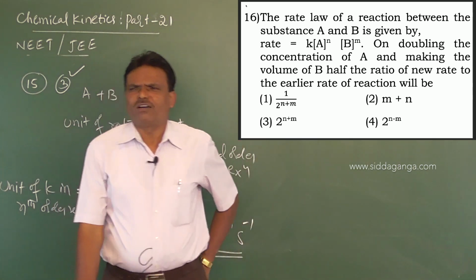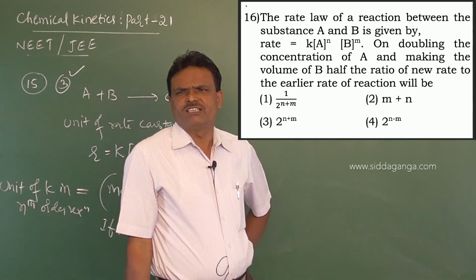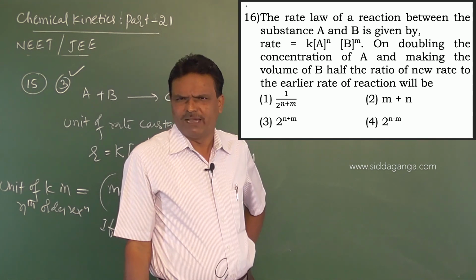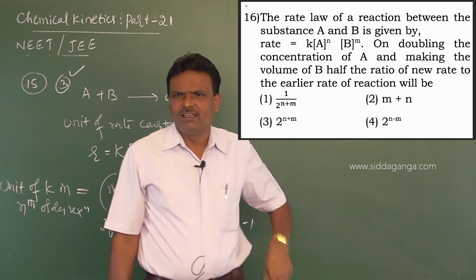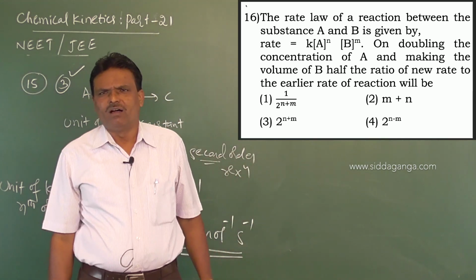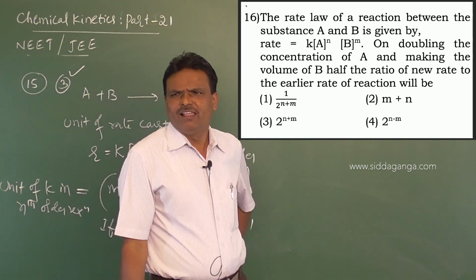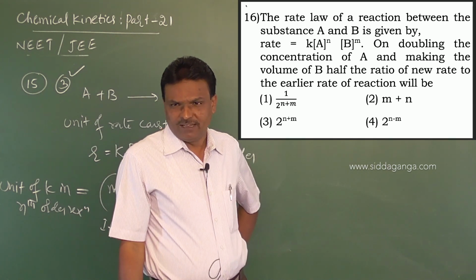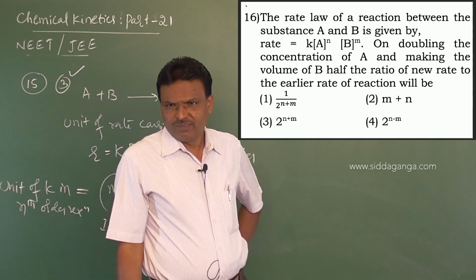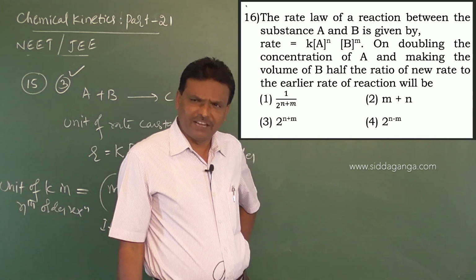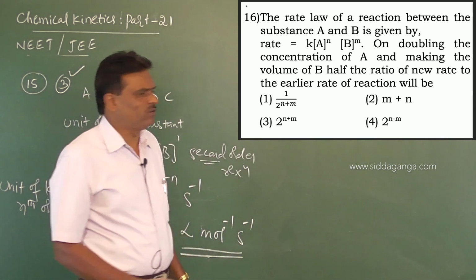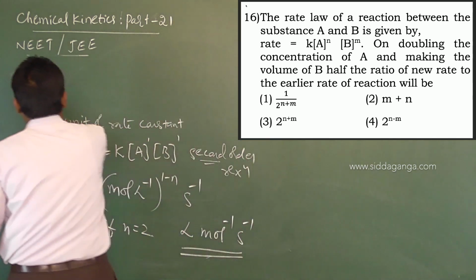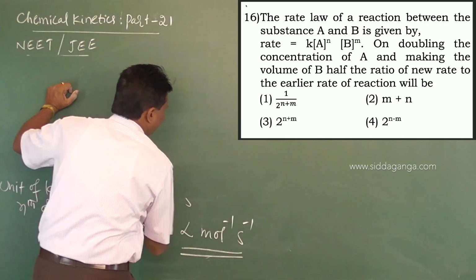Rate law for a reaction between the substances A and B is given by rate is equal to K into molar concentration of A power n into B power m. On doubling the concentration of A and making the volume of B half, the ratio of new rate to the earlier rate of reaction will be?